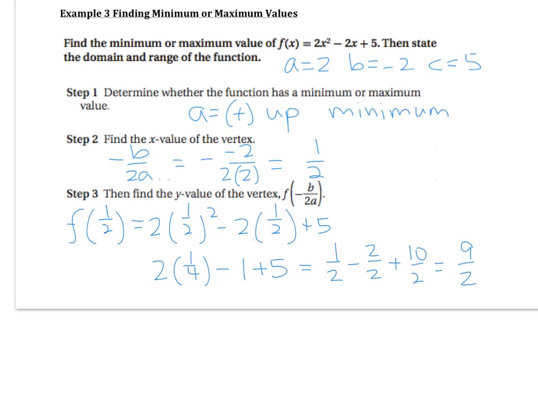So the domain is all real numbers, and the range would be y such that y is greater than or equal to 9 halves, or 4.5, whichever you decide to do.